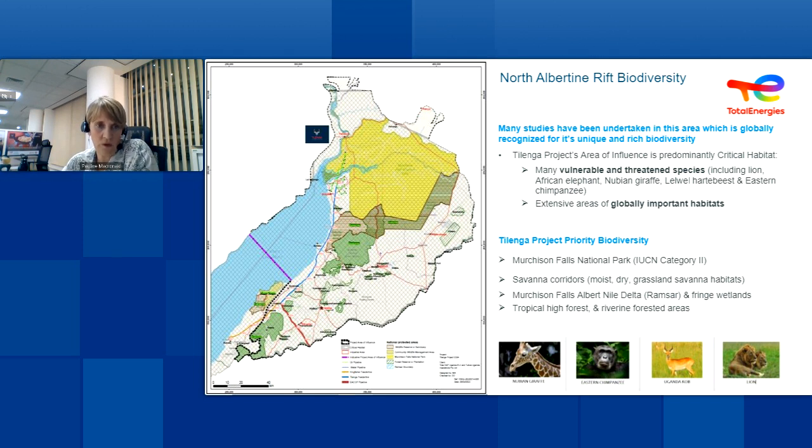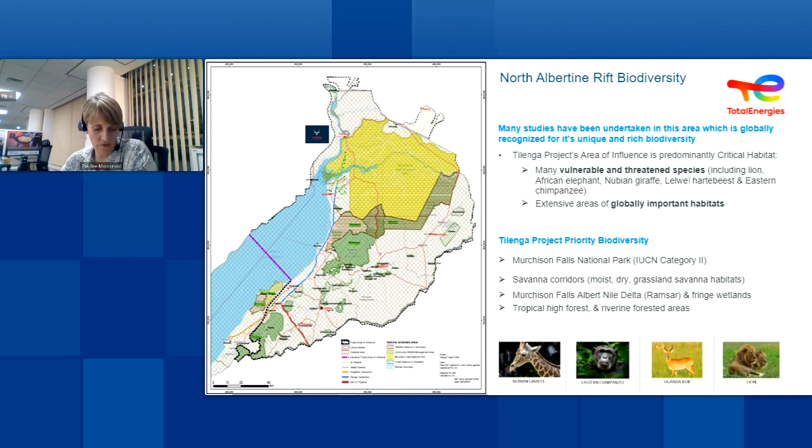To the north, we have the Murchison Falls National Park, which is a Category 2 IUCN park. We also have the Murchison Falls Albert Delta Wetland System, which is a Ramsar site, wetland of international importance. We also have a number of wildlife reserves that are surrounding the park. And we also have a forest corridor, which is critical habitat for eastern chimpanzees. So in all, it hosts a range of emblematic wildlife, including a number of critical habitat qualifying species.